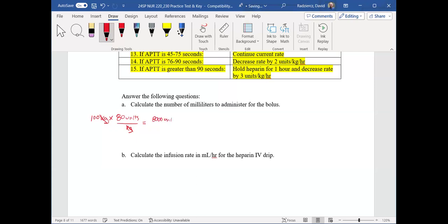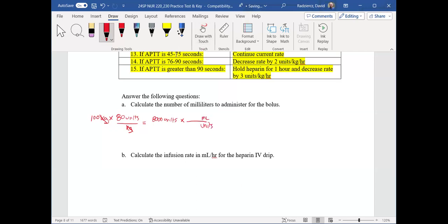Now, if they just wanted units, we'd be done. But we don't want units. We want milliliters. So I need a way to convert units to milliliters. I'm just going to write, I need a way to convert units to milliliters. Okay.